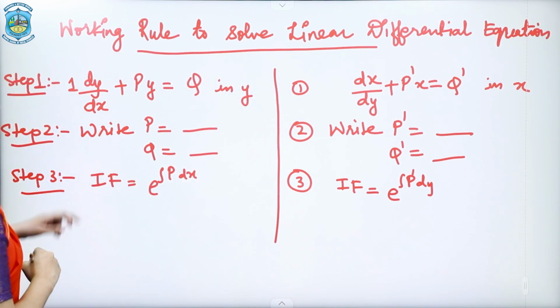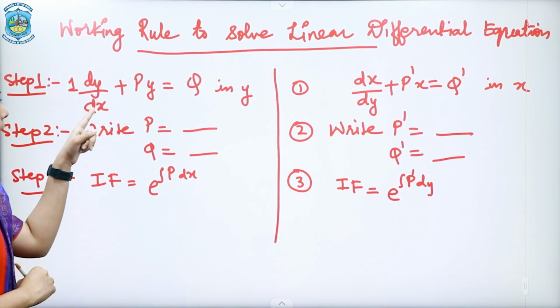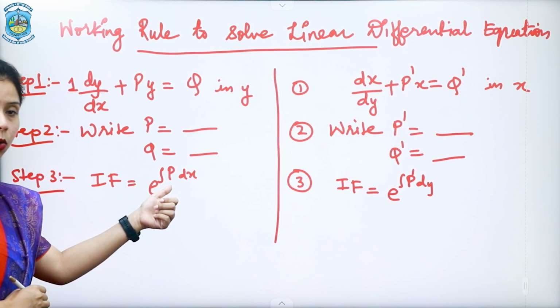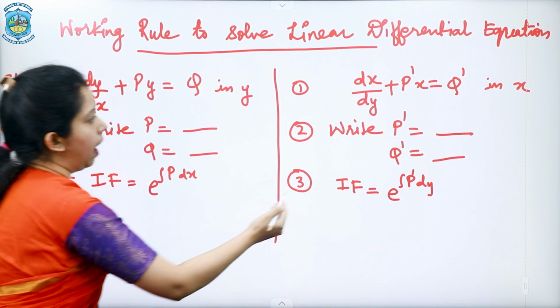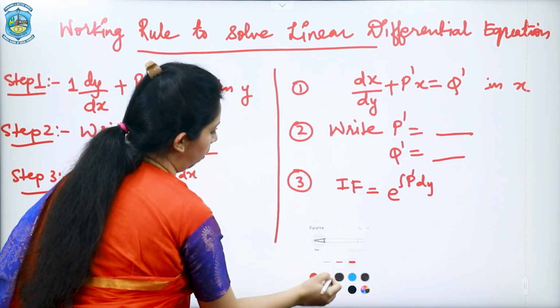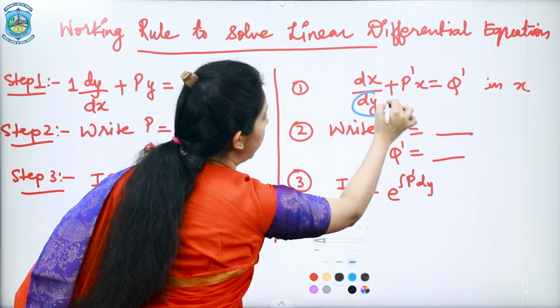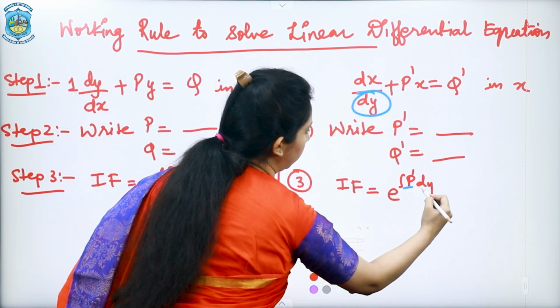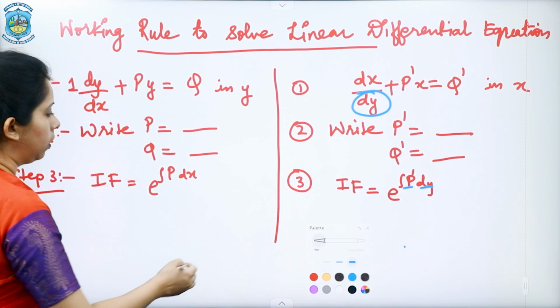Here the dependent variable is y and the independent variable is x, so we integrate p with respect to x. In the second form the independent variable is y, so we integrate p dash with respect to y. This is the third step.